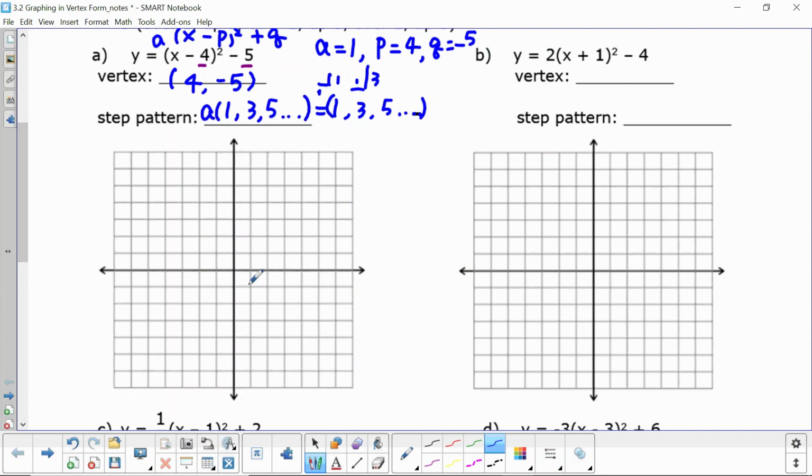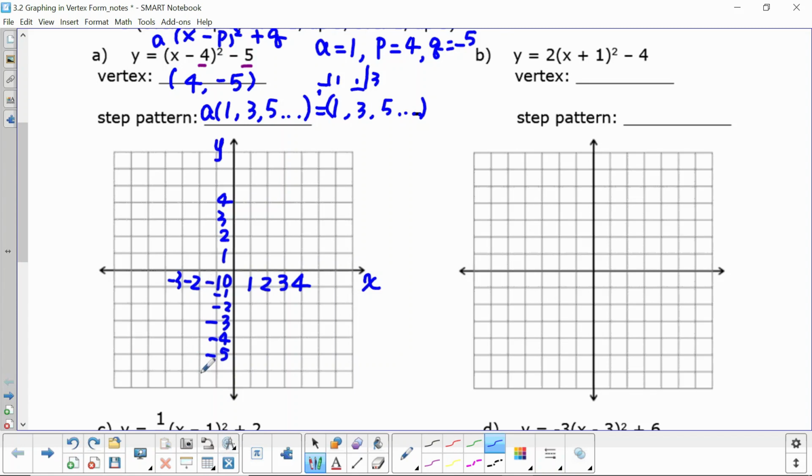So we label this one going by 1. For the y, same thing, go by 1. So 1, 2, 3, 4, then -1, -2, -3, -4, -5. Then we also label the x and y axes.